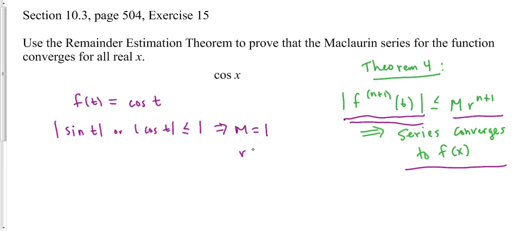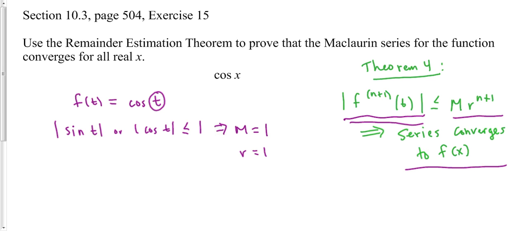We're going to let r be equal to 1 as well because we're taking the cosine of t. If there had been some kind of a constant in front of that, a factor that we would pick up using the chain rule every time we took the derivative, r would have to have a different value. But in this case, r is equal to 1.